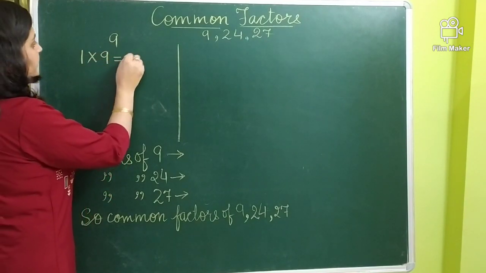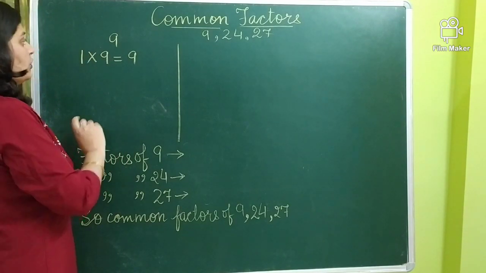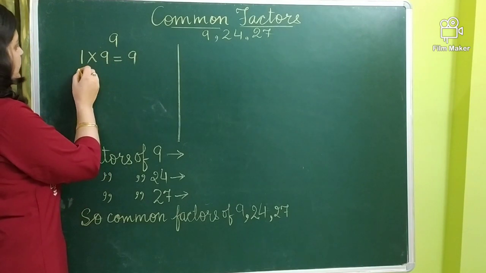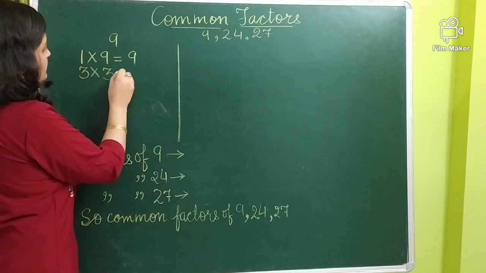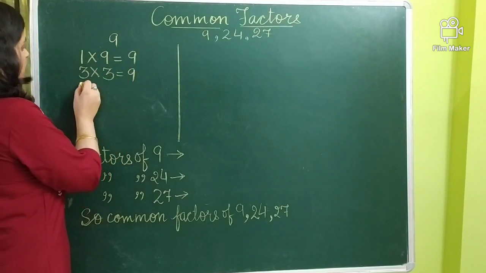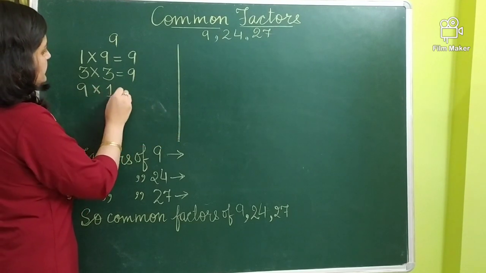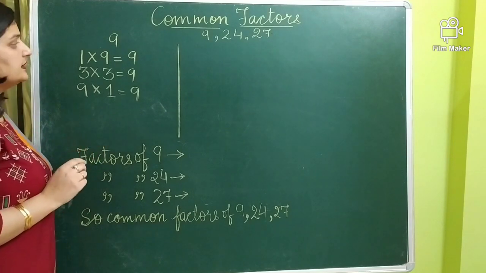So 1 into 9 is 9. 9 is an odd number, so 2 is not a factor of 9. Next, 3. 3 threes are 9. Since it is a very small number, you can check 4, 5, 6, 7, 8 and then 9. 1 nine is 9. So here we get all the factors of 9.